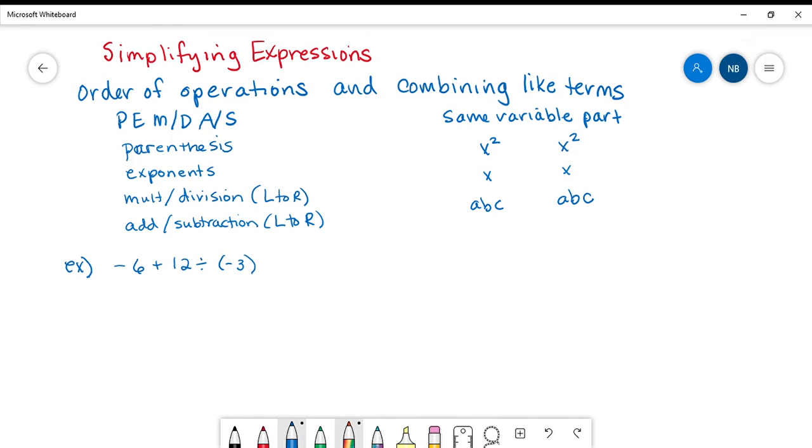Well, I see that I have an add and I have a divide, and according to order of operations, division comes before addition. So I have to do the division first.